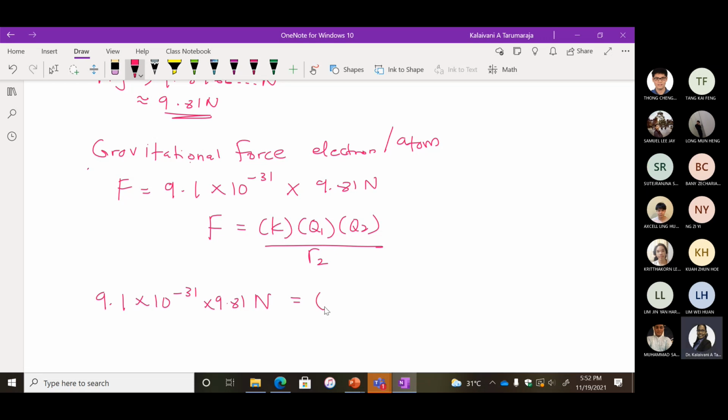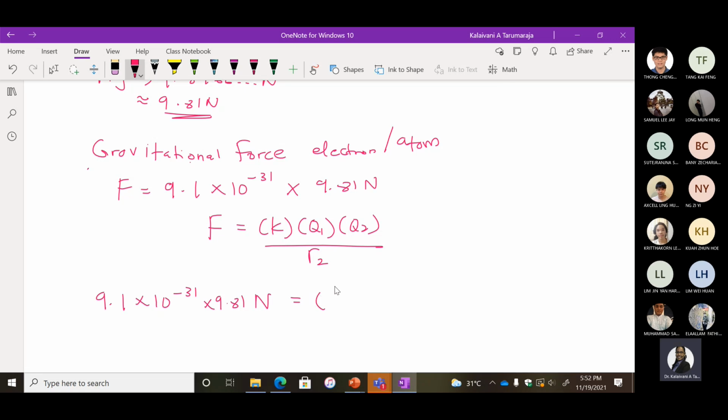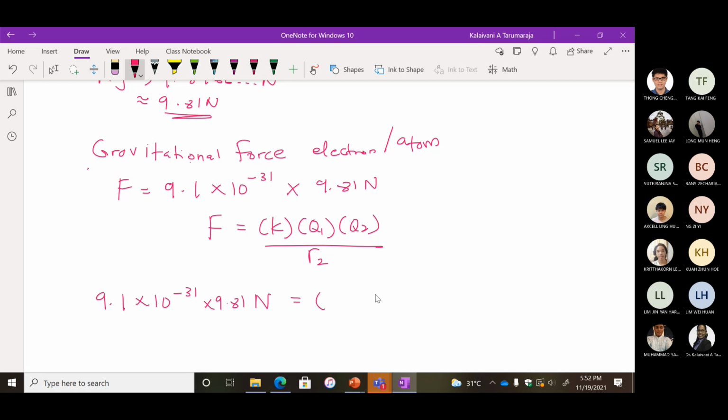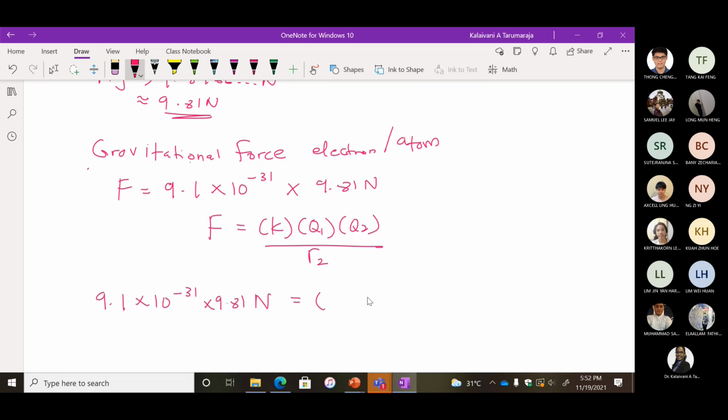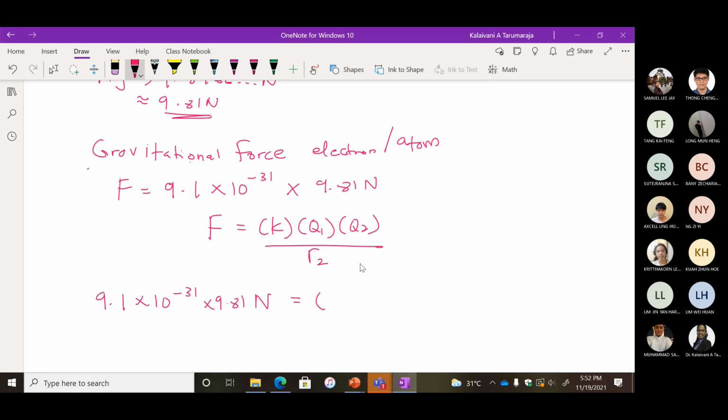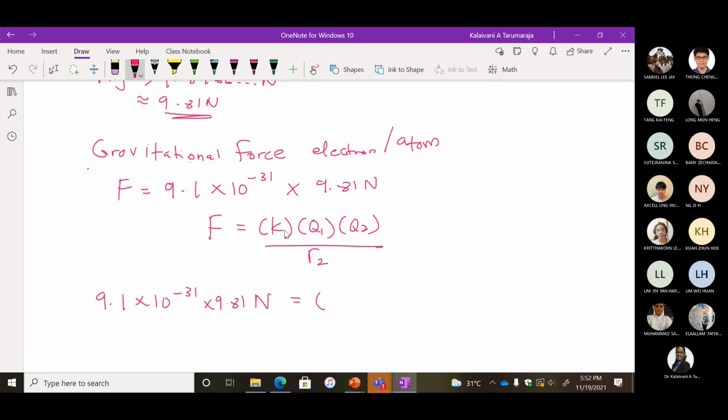I want someone to give me the answer for the K constant value. Anyone volunteer? The K value should be a constant value.